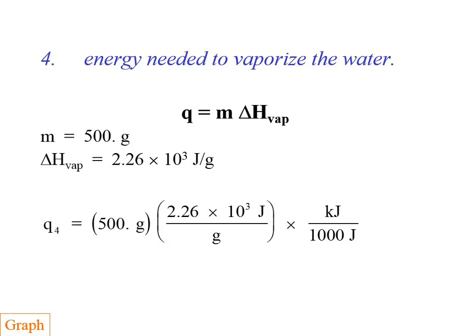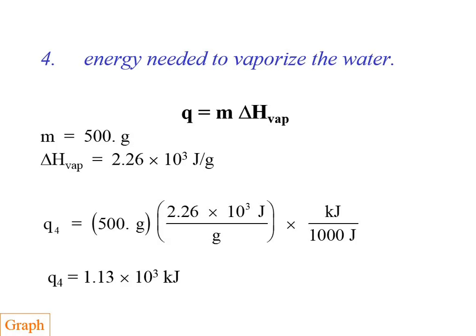And get that into kilojoules, 1 kilojoule over 1,000 joules. 3 significant figures. That's going to be 1.13 times 10 to the third kilojoules, or 1,130 kilojoules.